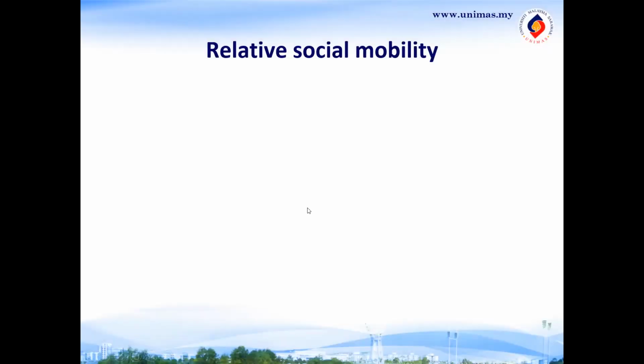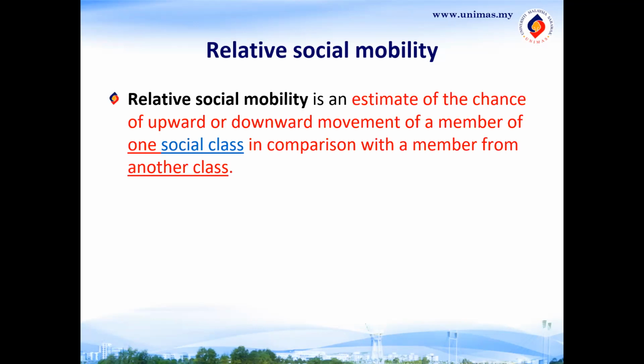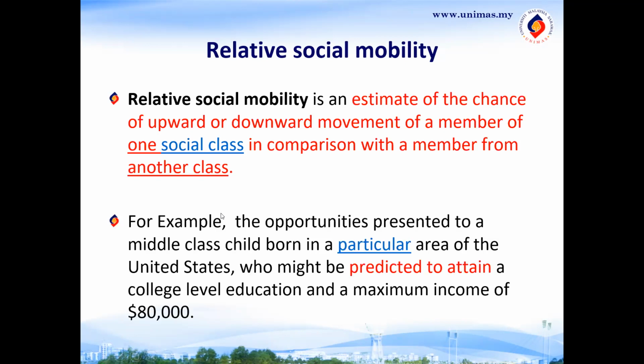Okay. Yang keduanya, kalau ada absolute itu mesti ada relative, kan? The relative social mobility di sini is more or less referring to an estimate of the chance of upward or downward movement of a member of one social class in comparison with a member of another social class, jadi macam perbandingan lah, relative to each other.